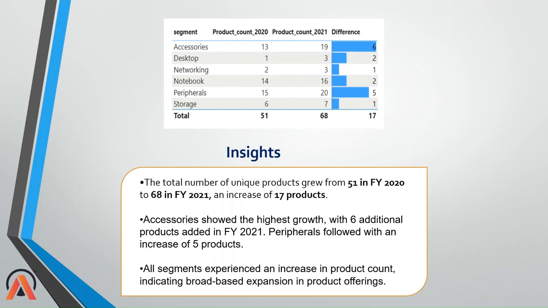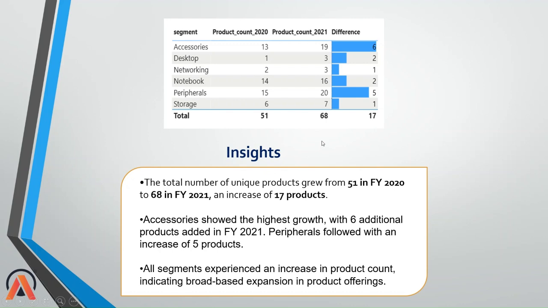By looking at the output, we can get insights that the total number of unique products grew from 51 in fiscal year 2020 to 68 in fiscal year 2021. This is an increase of 17 unique products.